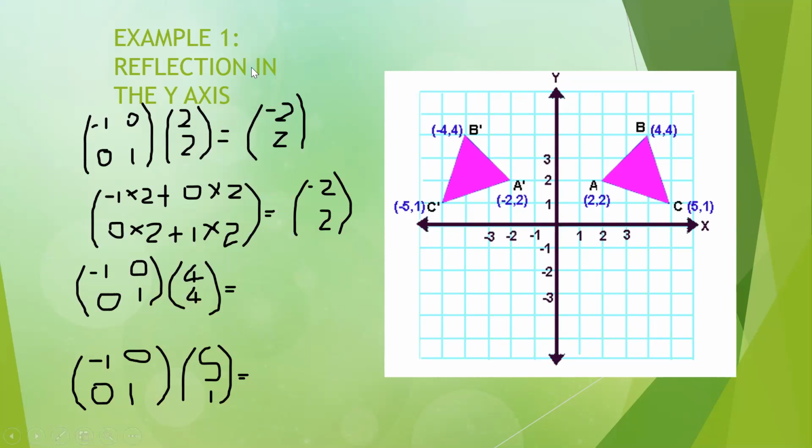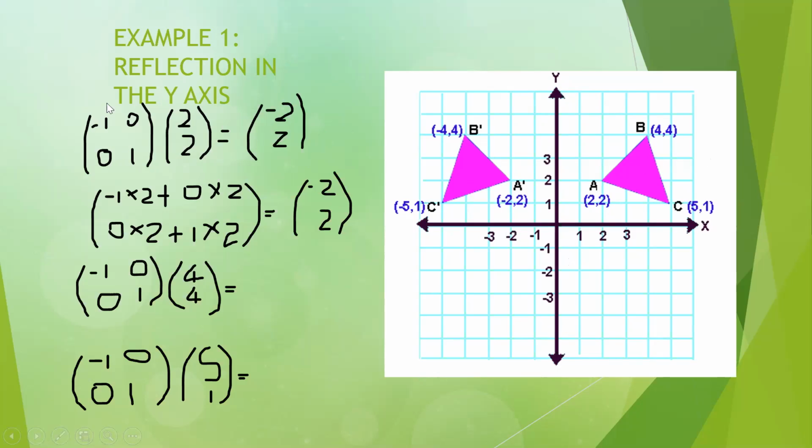They told you that it's a reflection in the y-axis. Your image also, in the picture I have here, you can see clearly that the flip was over the y-axis. This is the y-axis, this is the object, this is the image, and so the flip is over this y-axis. So we know our reflection is in the y-axis.